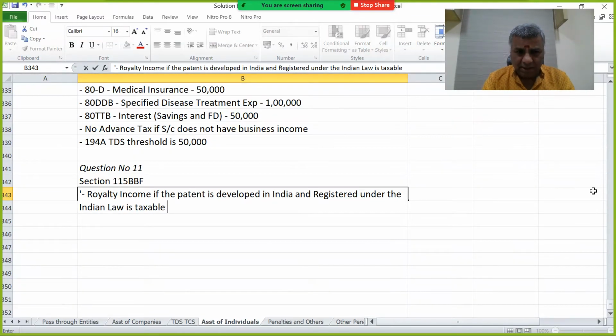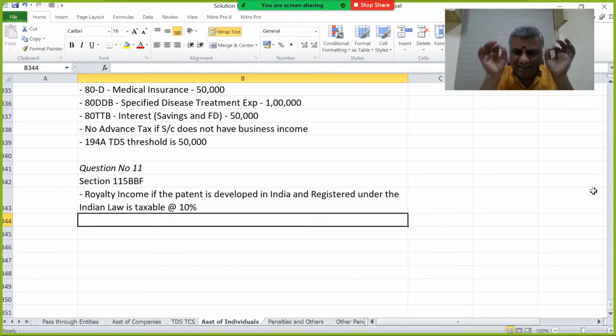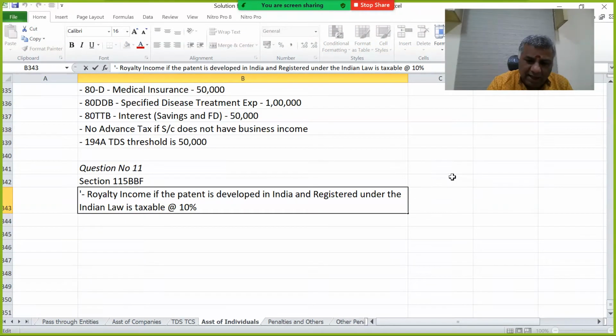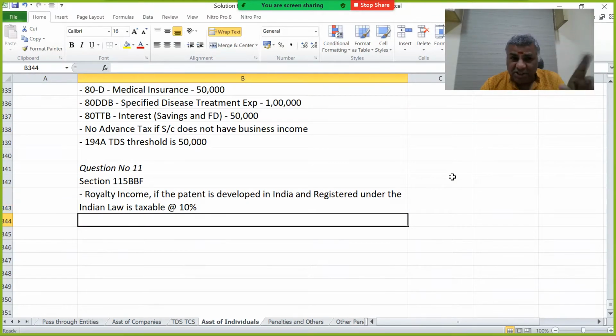Royalty income, if the patent is developed in India and registered under the Indian Patent law, is taxable at 10%.